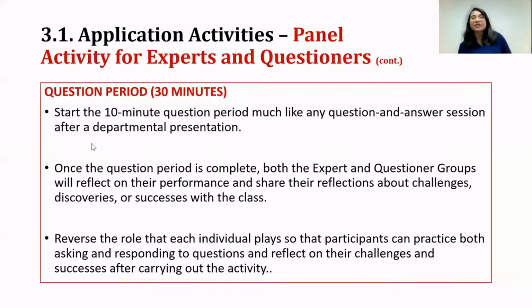But if you are using this as self-study, you have already experienced both sides, right? But you still need to do self-reflection too. This reflection is about your challenges and what you think was successful during your performance.